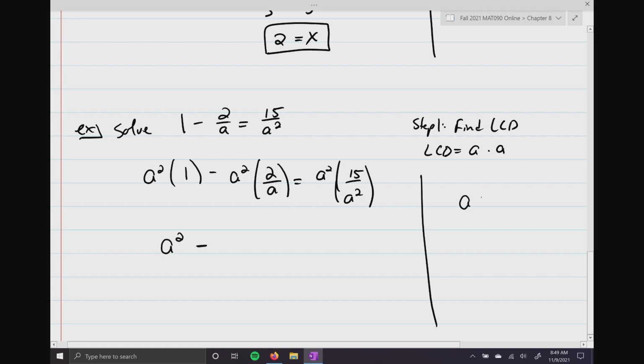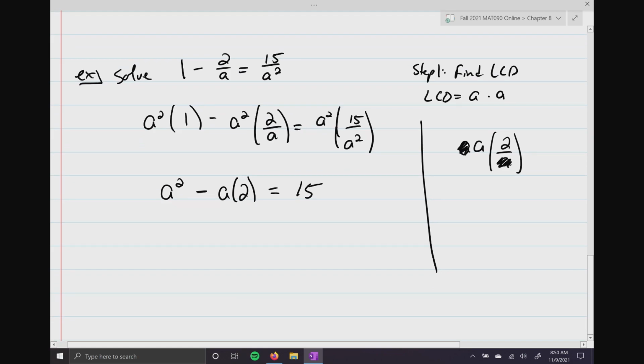A to the second is a times a, and then you have multiplied by 2 over a. So one of these a's will reduce. So you're left over with a times 2 equals, now the a to the second in the numerator and the a to the second in the denominator, they will reduce. So you're left over with just 15.